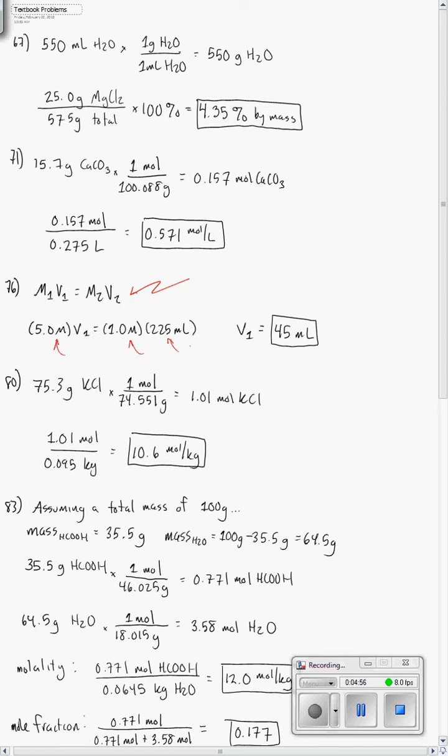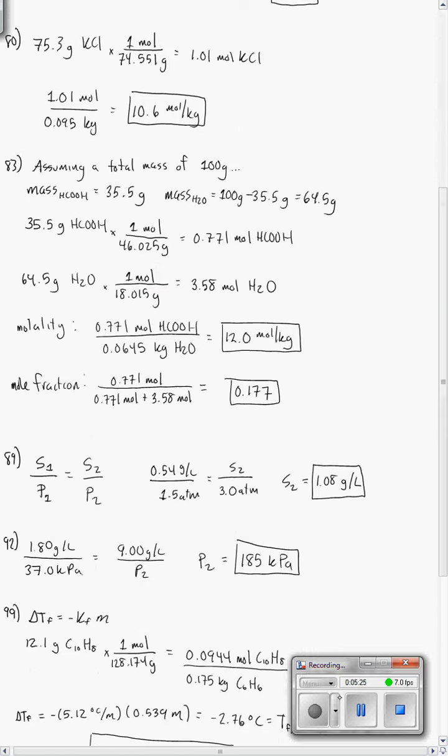Again, it doesn't matter what units we use for volume, as long as we are consistent and have the same units on the left and right side of the equation. So if we have 225 milliliters on the right side, our volume on the left side that we're solving for is also going to be in milliliters. If we solve for that, you end up with a volume of 45 milliliters, which means we would need 45 milliliters of 5 molar nitric acid to produce what we want.